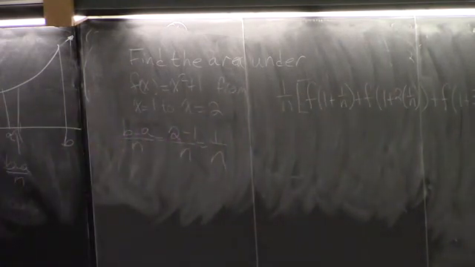Just like before, I start at 1, and then just keep adding a bunch of 1 over n, which is the width of each of these intervals. So far, so good?